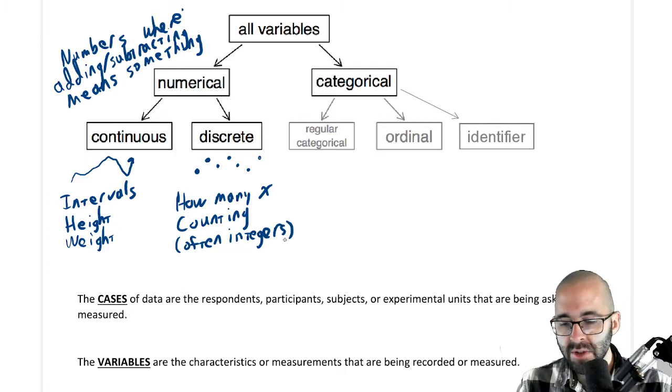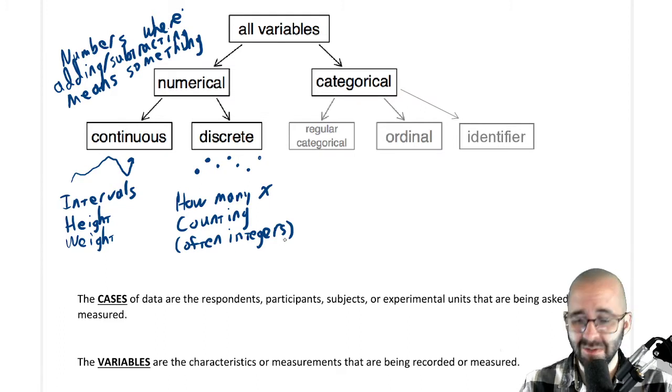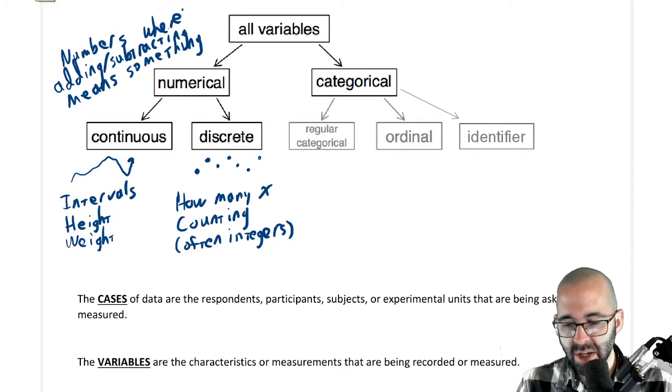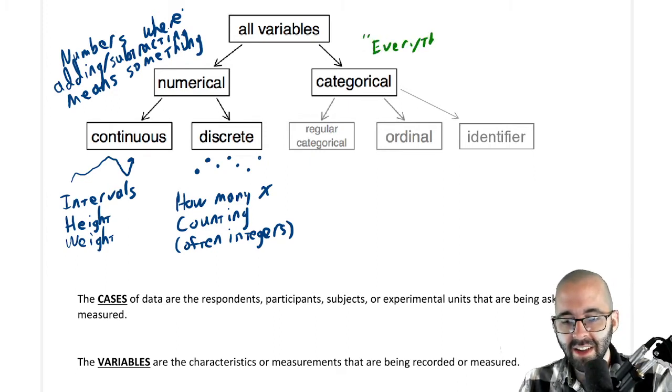Okay, so that's numerical data. Numerical data is numbers. But some numbers can also be categorical data, which is where it gets a little confusing. If we go into categorical data, let's have categorical data be green. A lot of times these are words, descriptions, kind of everything else is a good way of thinking about it.